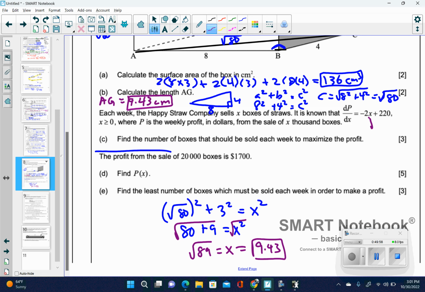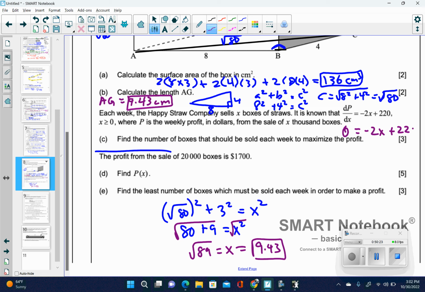So we have -2 times 0 plus 220, so that is going to give us 220. I messed up. You have to take dP/dx, which is this right here, and set that equal to 0. So you have 0 is equal to -2x plus 220.